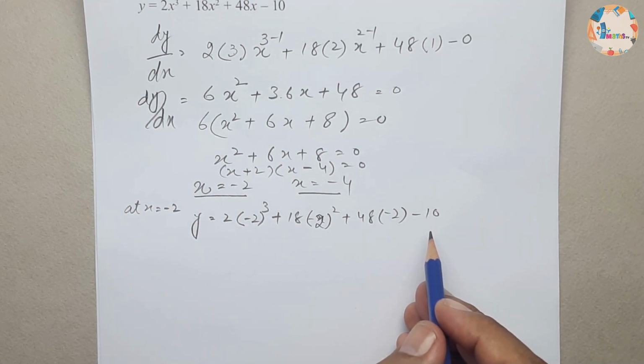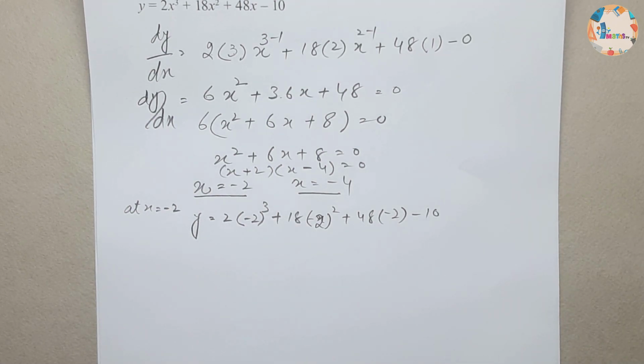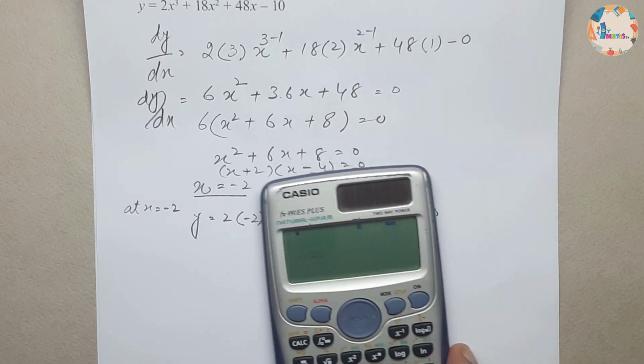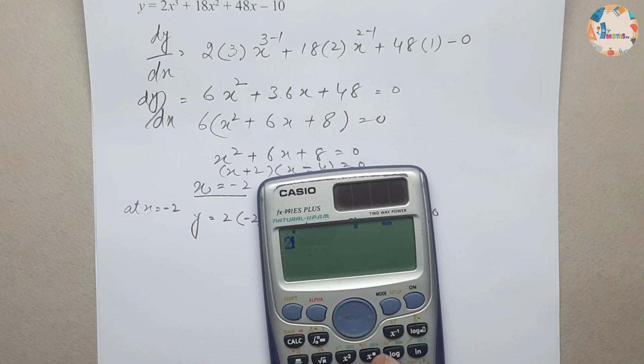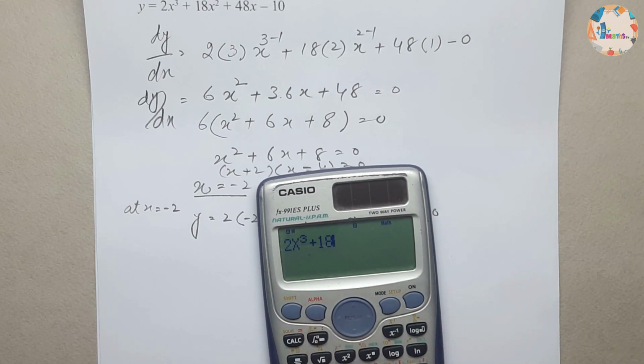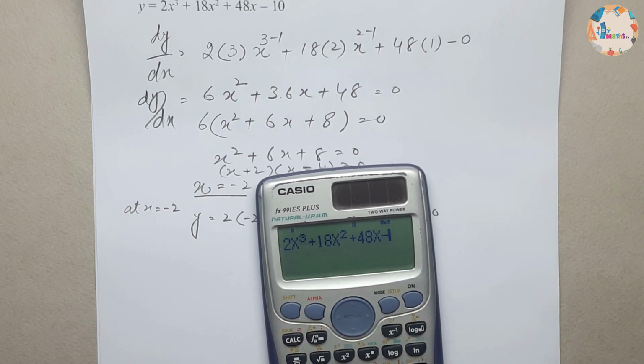Instead of replacing this manually, we can use the calculator. We type this equation: 2 and x cubed, using alpha and x, and cube, then plus 18x squared, plus 48x, and minus 10.